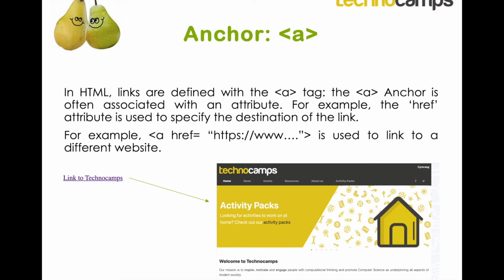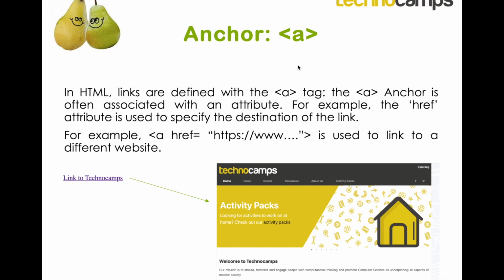The main tag for this video is called anchor, and the anchor tag in HTML is defined as an A. The anchor is often associated with an attribute. So the anchor tag does a lot of different things in HTML. To change its behavior, we give it certain attributes.